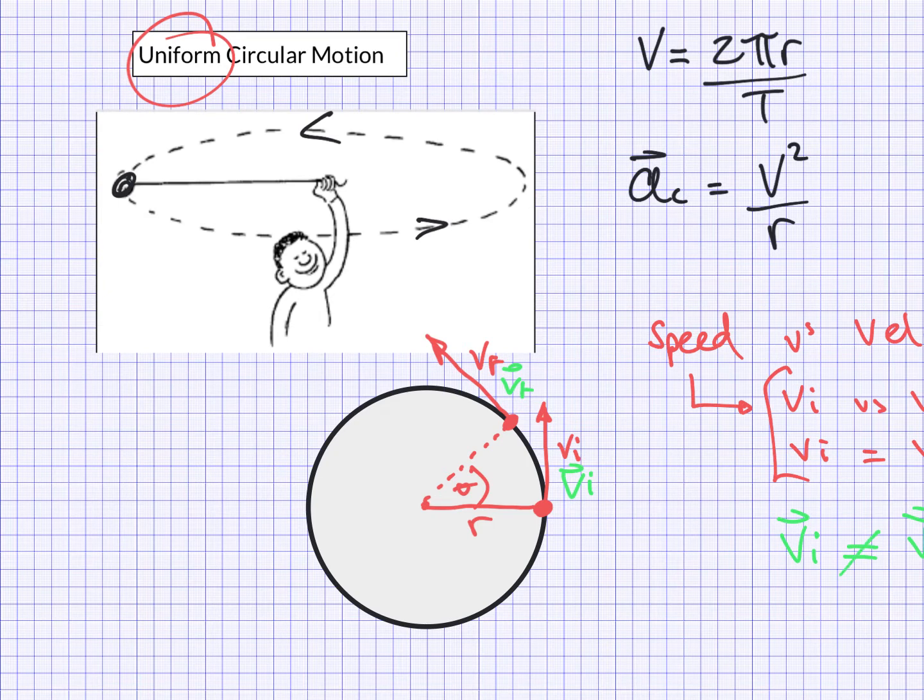So I cannot say they are equal. In other words, there must be a change in the velocity. And if there's a change in the velocity with respect to time, there would be an acceleration.